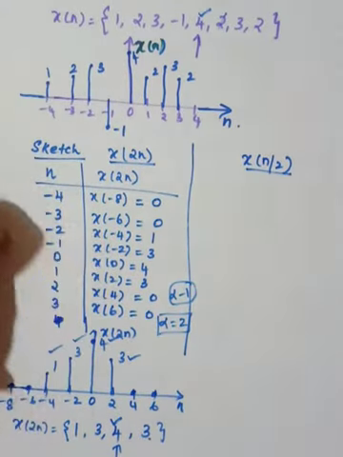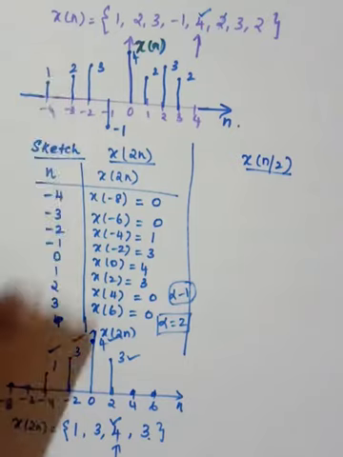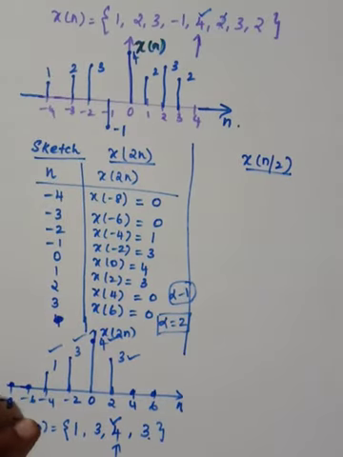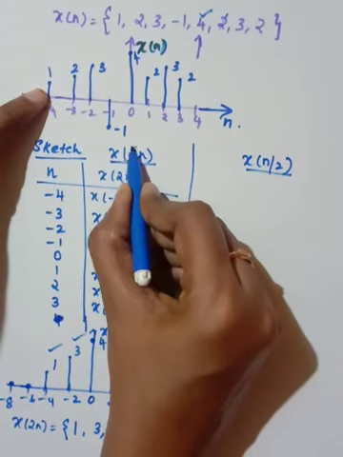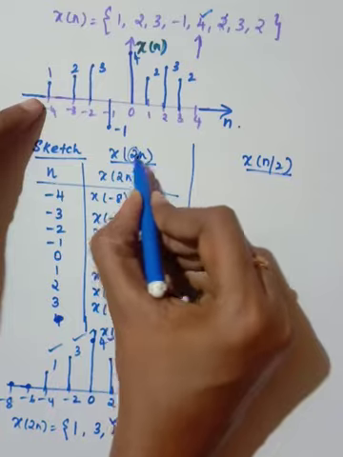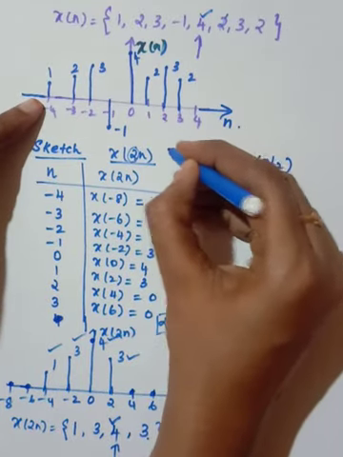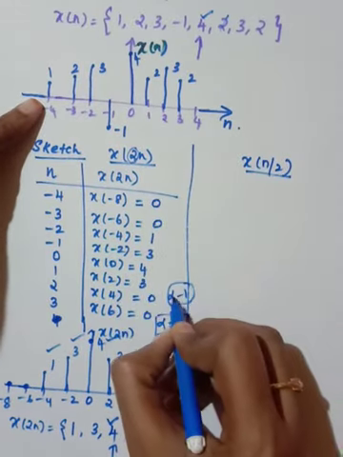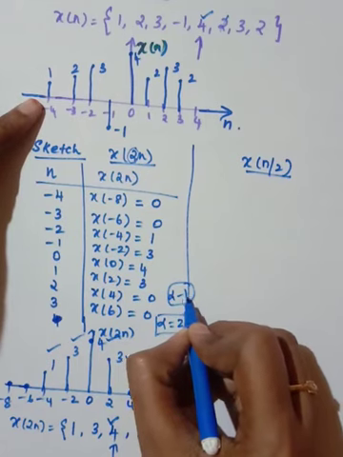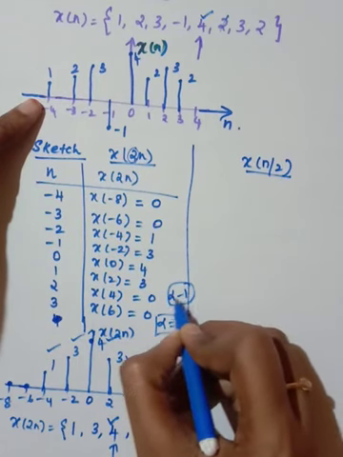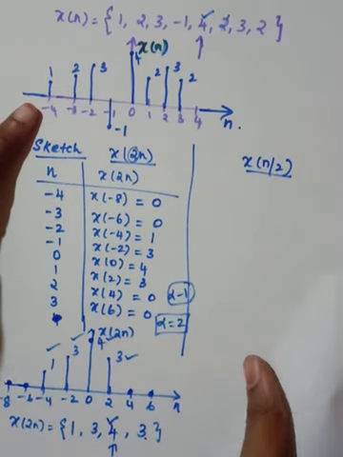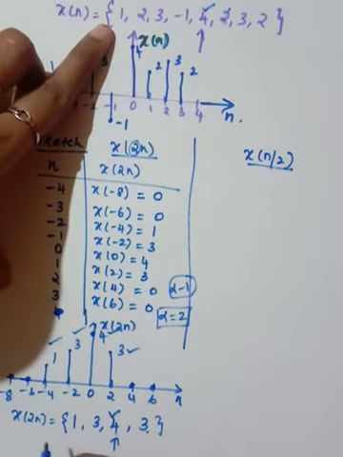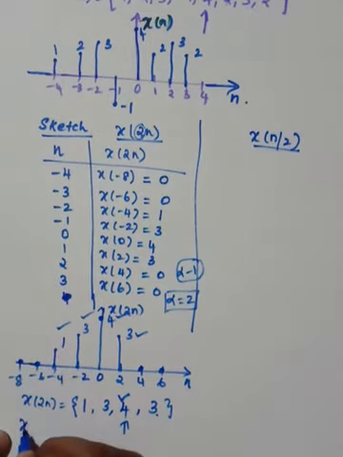Without doing this manipulation itself, you can directly simplify this. You can directly draw this. How you draw this is, for a value greater than 1, you have to consider alpha and perform alpha minus 1, then discard that many samples. Suppose I am having, for example, x of 3n.